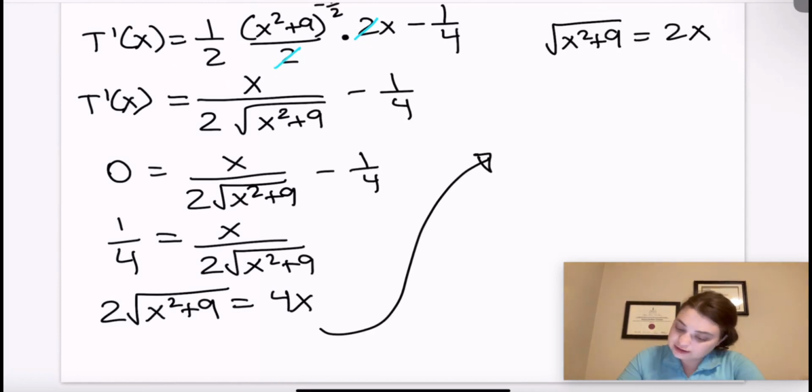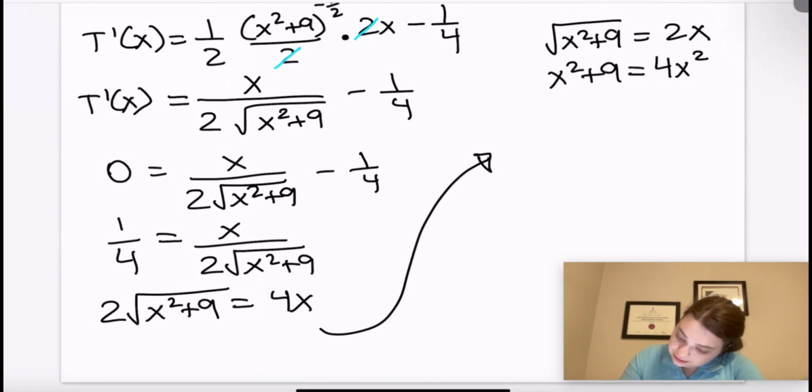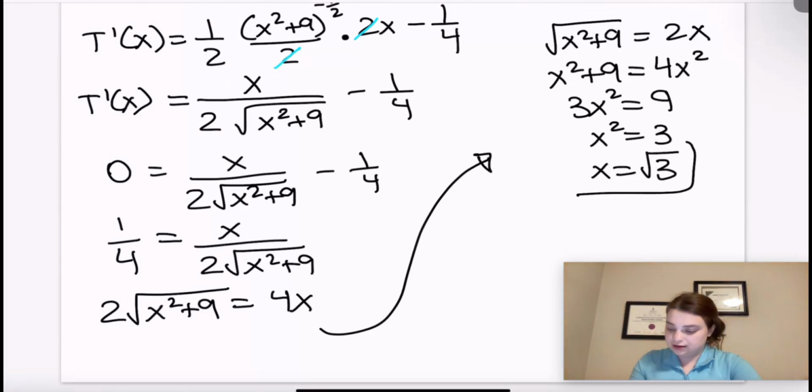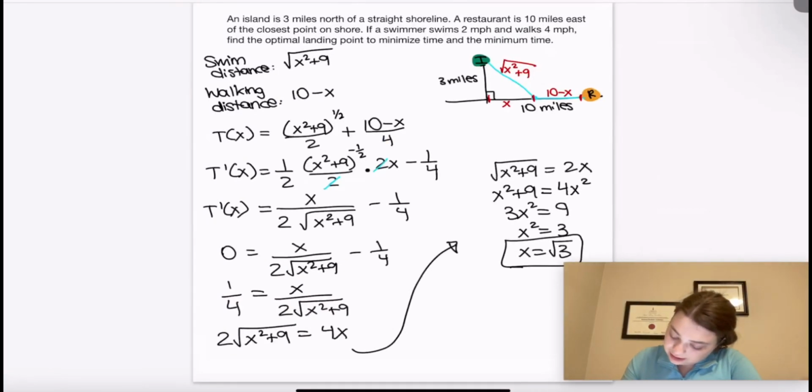Then if we square both sides, we get that x squared plus 9 is equal to 4x squared. Therefore, 3x squared is equal to 9. Therefore, x squared is equal to 3, and x is equal to the square root of 3.